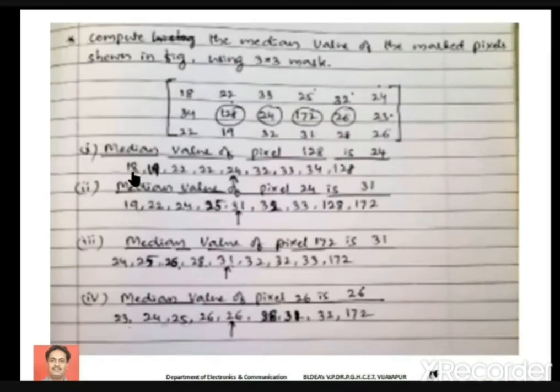So the response of the min filter for pixel 128 is how much? 18. In that case, this 128 is to be replaced by 18 in the resultant image. And for 24, the minimum value of this 3 by 3 set of pixels is 19.